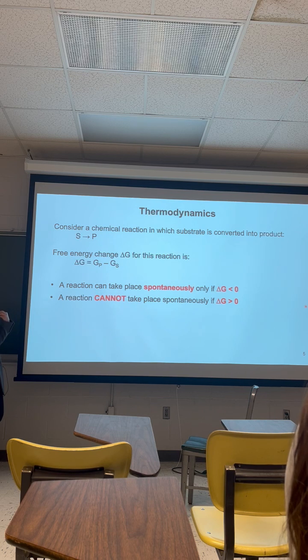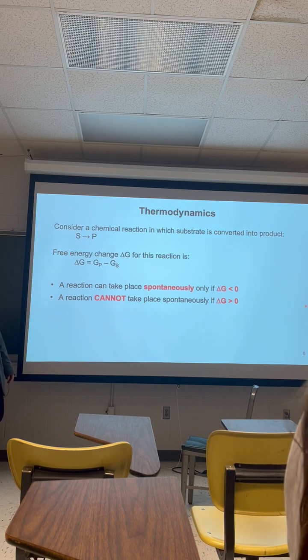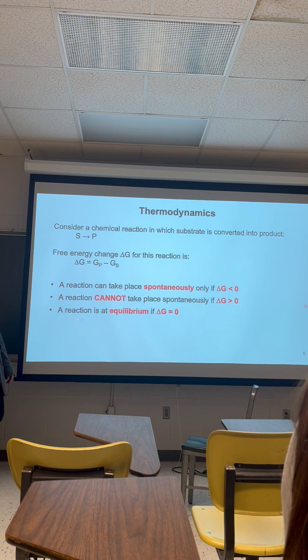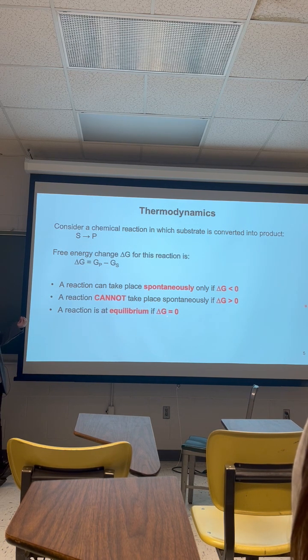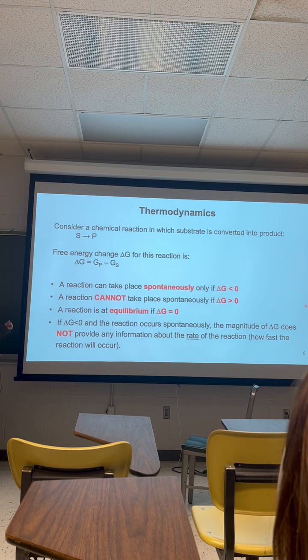This reaction cannot take place, regardless of whether the enzyme is present or not, if delta G is greater than 0. And we call the reaction at equilibrium if delta G is 0. So you have those three situations: equilibrium, spontaneous if delta G is less than 0, and cannot take place if delta G is greater than 0.